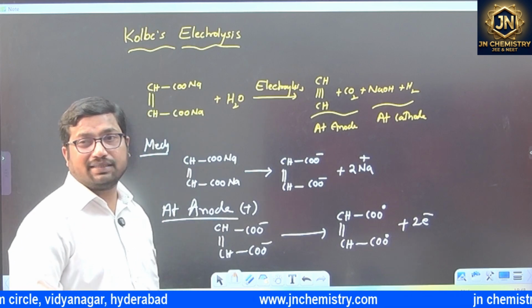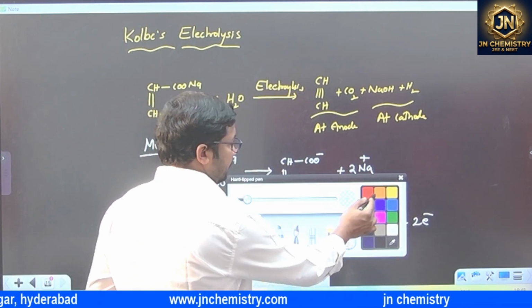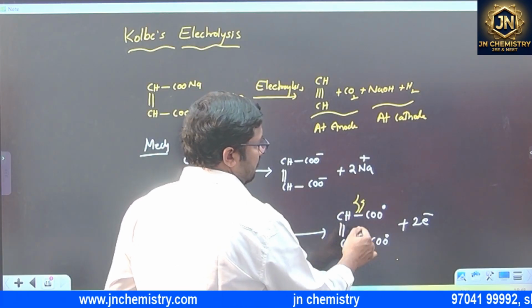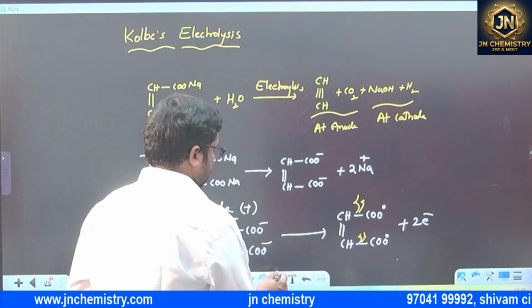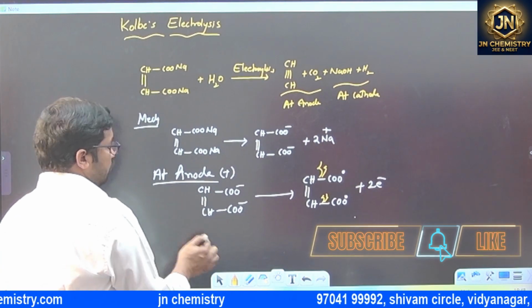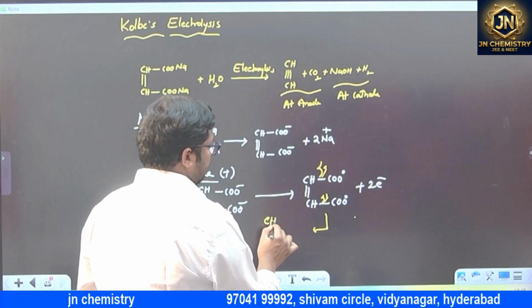I already explained this, right? Oxidation. So next, homolytic cleavage takes place, giving 2 moles of CO2, and acetylene is forming like this.